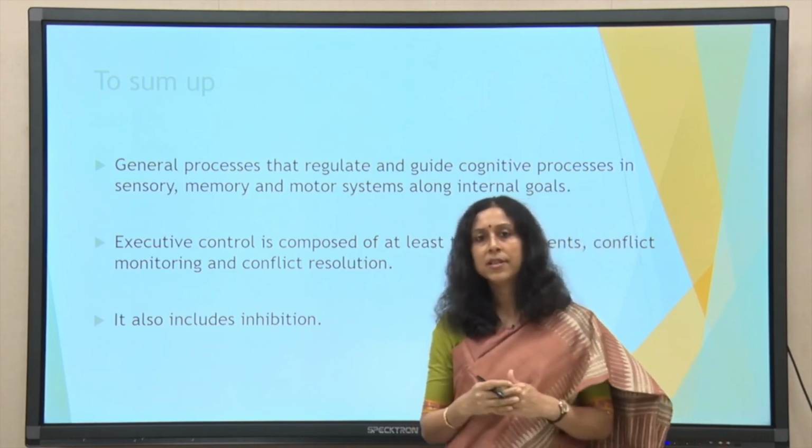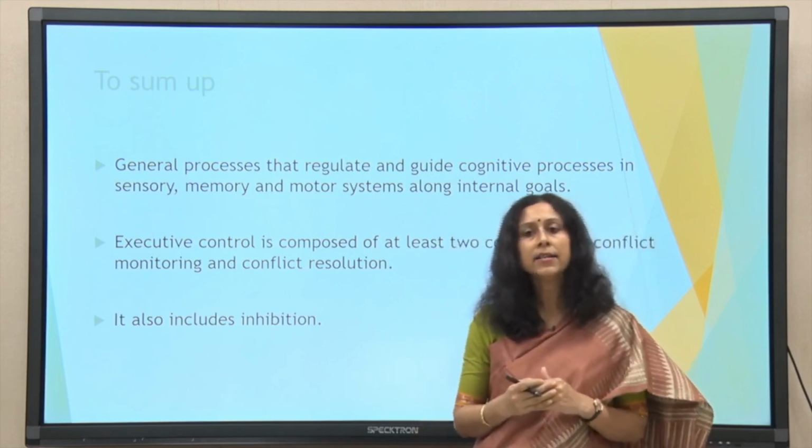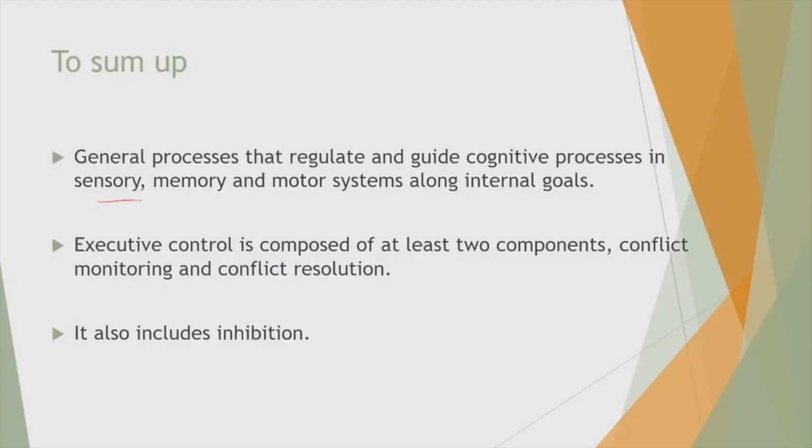This is a general process. Executive function is a general process that regulates and guides cognitive processes in sensory, memory and motor systems alongside an internal goal. So, this is a process that helps regulate our cognitive processes in what domain?